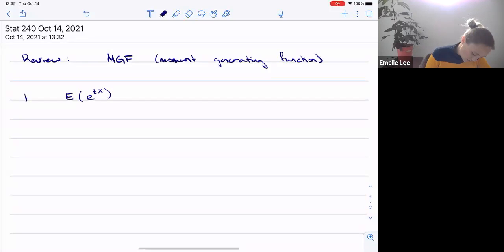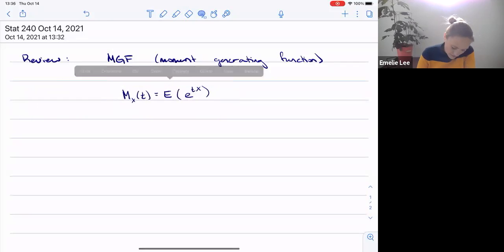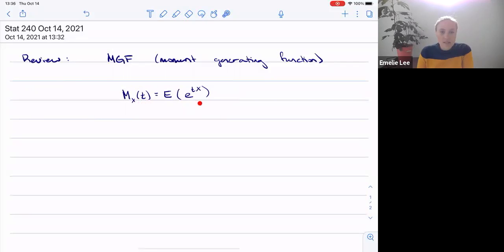So we usually denote that by capital M, or even a lowercase m, subscript x of t, which, depending on if we have a discrete or a continuous function, is going to determine whether we have an integral if we have a continuous function, or a summation if we have a discrete function. Okay? And so I'll just bump this over so it's more front and center here. But this is what we established.